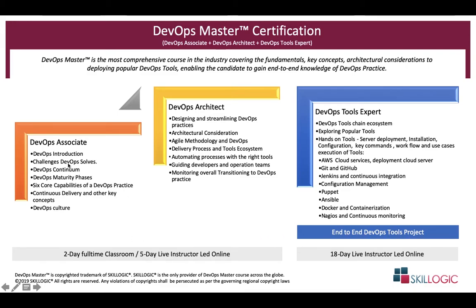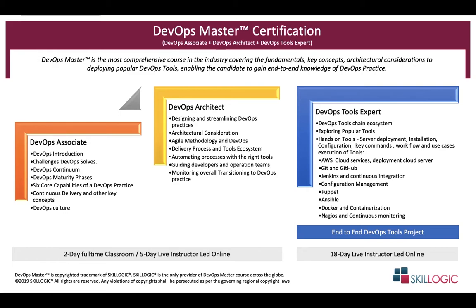Coming to duration, DevOps Associate and Architect are 2 days of full-time classroom training, 8 hours a day, or 5-day live instructor-led training. Whereas the tool training often happens in live instructor-led mode. 18 days to 1 month is the normal timing. And in certain cities, we also have classrooms conducted as a backup or revision.